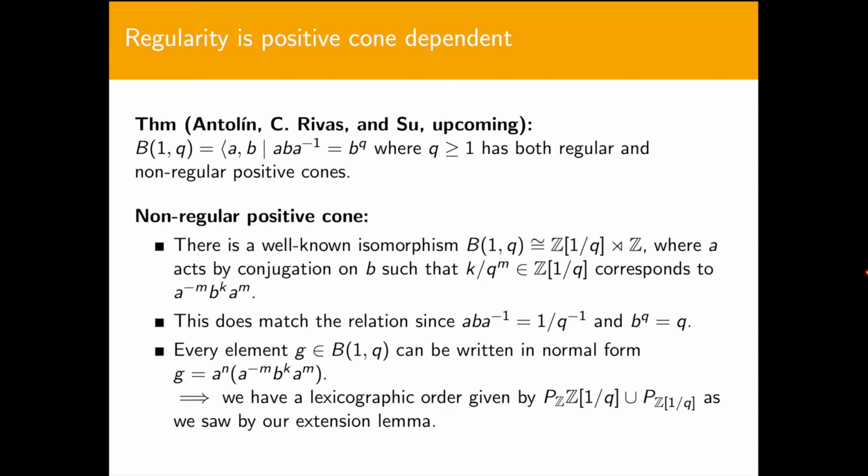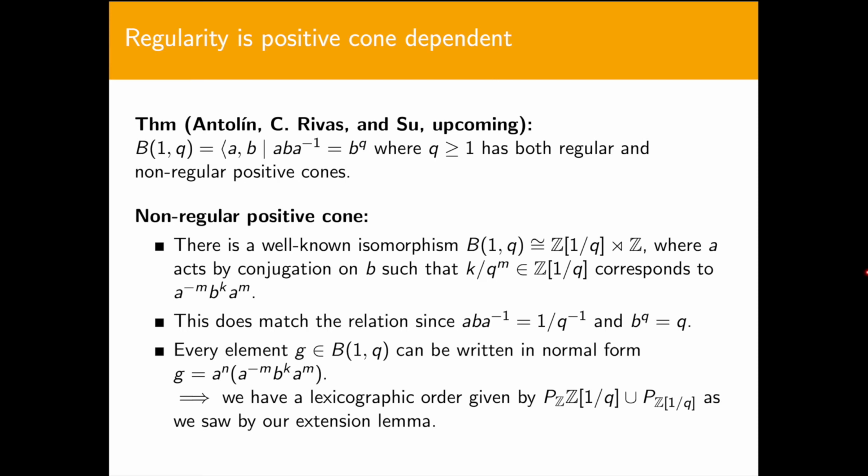Now, every element g in BS(1,q) can be written in normal form, where you start with the quotient, so that's some a to the n, and then you put in an element of the rationals, so that's a to the minus n, b to the k, a to the n.